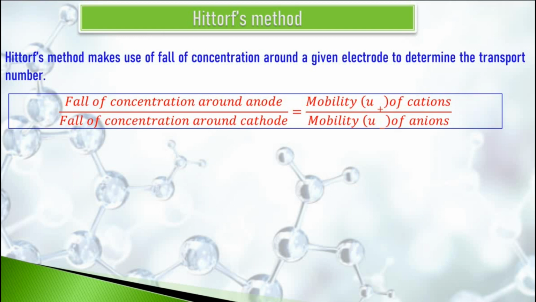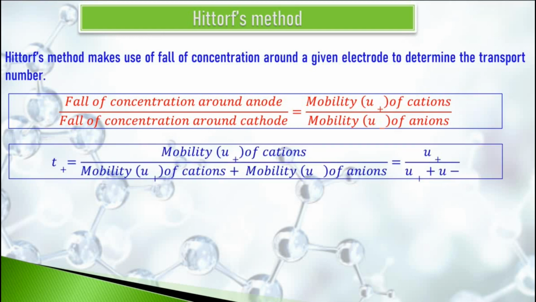If you remember, by definition, the transport number of a cation is equal to the mobility of cations divided by the mobility of cations and the mobility of anions. Since the mobility of a particular type of ion is proportional to the fall of concentration around the respective electrode, we can write the values of U plus and U minus in terms of the fall of concentration around the electrode.